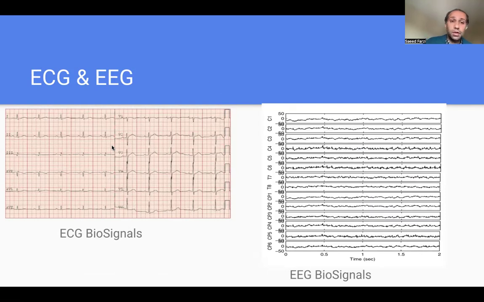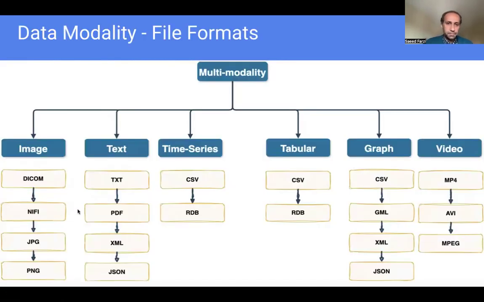But if you use wearable devices, something like a smartwatch, we just use one lead. Of course, each lead provides different information. The same for EEG signals.